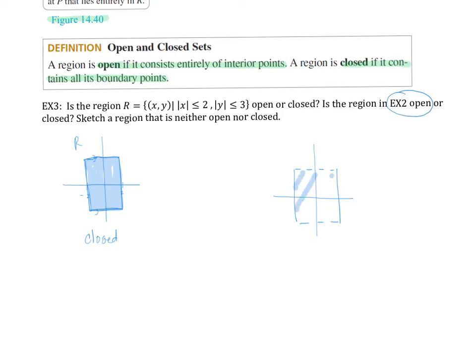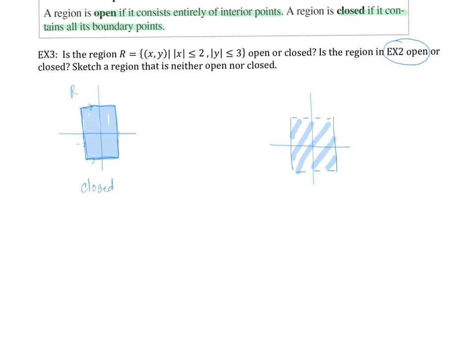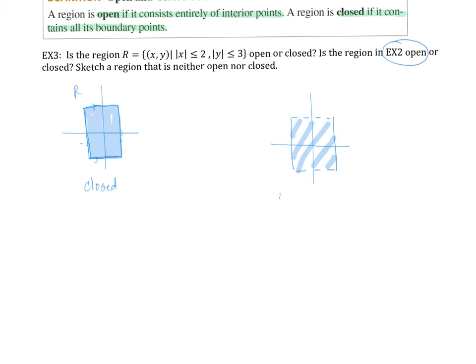And I'm going to just kind of fill that in. So if I were to define this set, it would be all points x and y such that, so notice that it's solid as we go through 2 and negative 2.